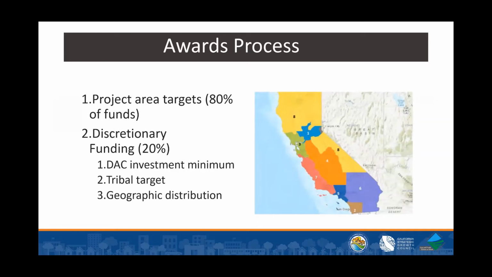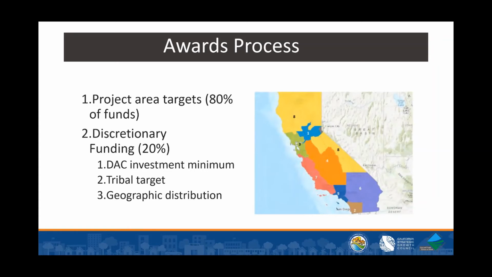First and foremost, AHSC will award the top scoring projects within each project area type. That is our 80% of funds for project area targets. To reiterate from earlier, that's 35% of funds to TOD projects, 35% to ICP projects, and 10% to RIPA projects.